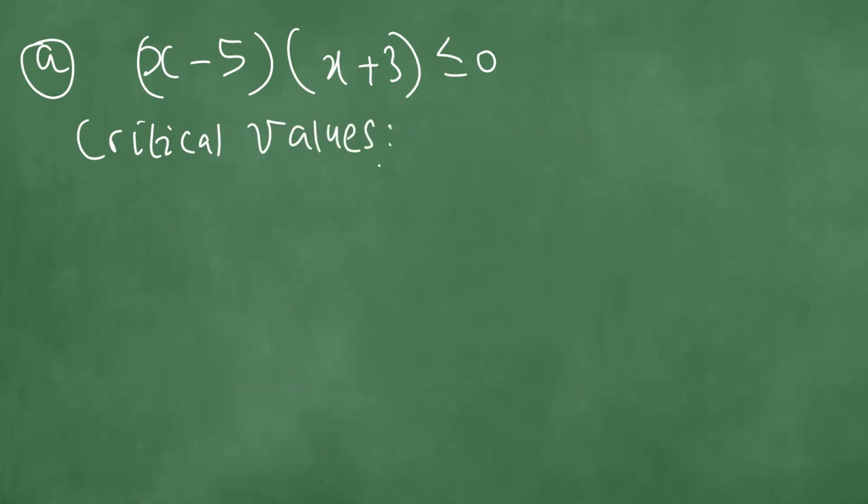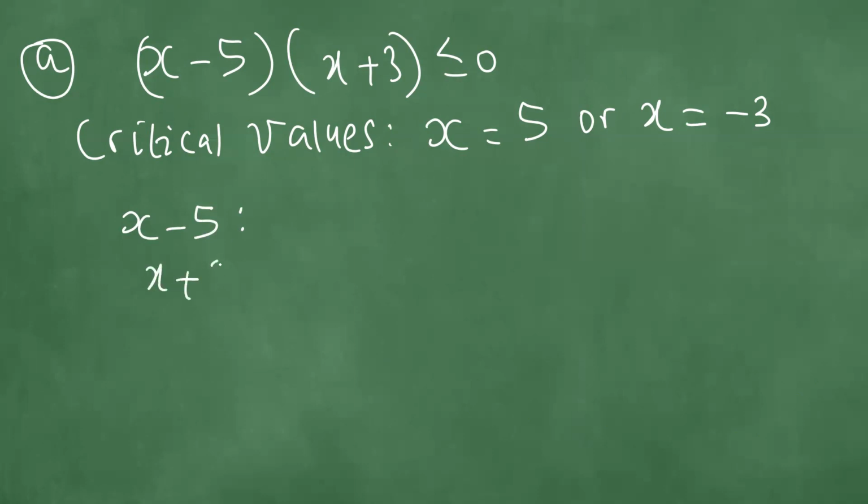The critical values are x equals 5, x equals minus 3. And so now we can put them here. So we have the linear factors, x minus 5 with x plus 3 as well.